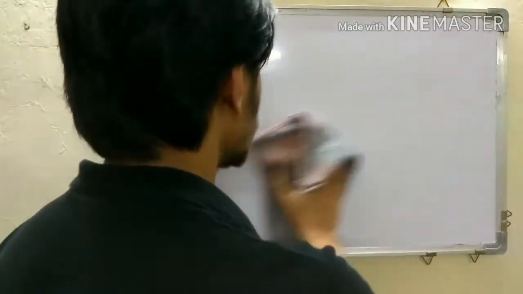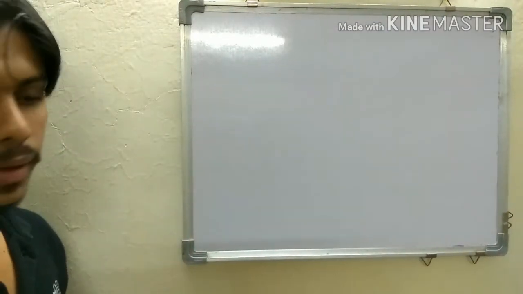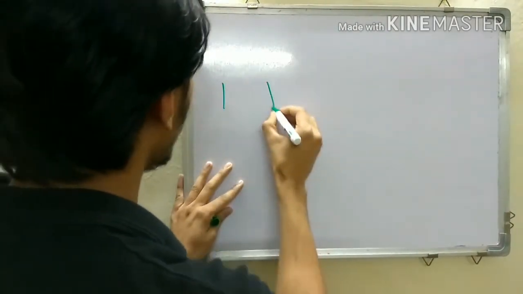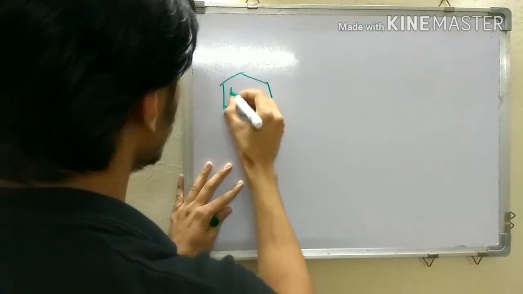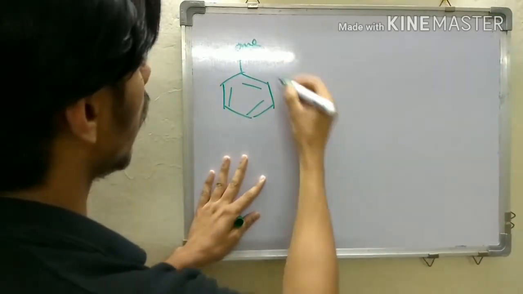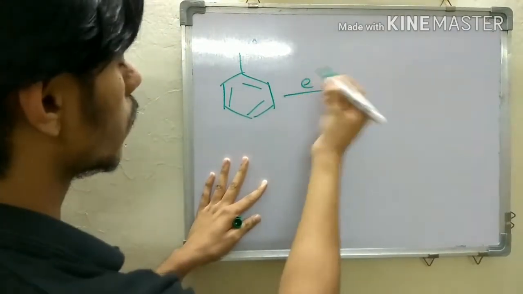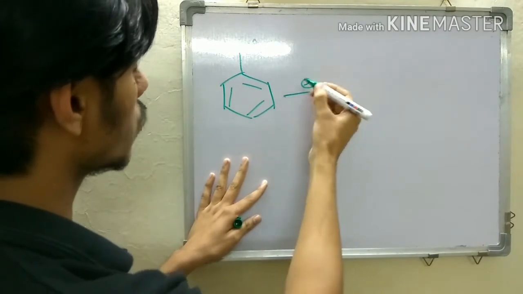Now this is the case of simple benzene. Now let's say you have an aromatic compound with substituents, for example an OMe group. When you add an electron, what will happen? Two cases can occur.